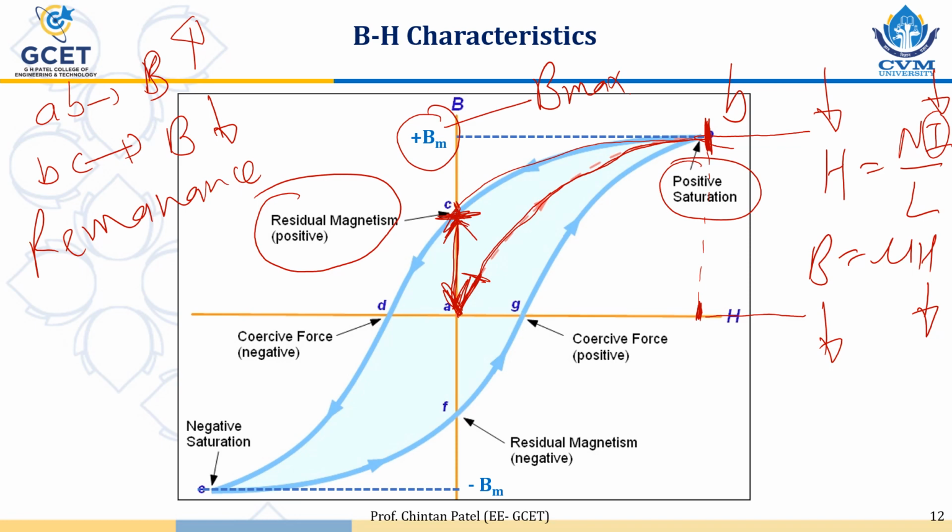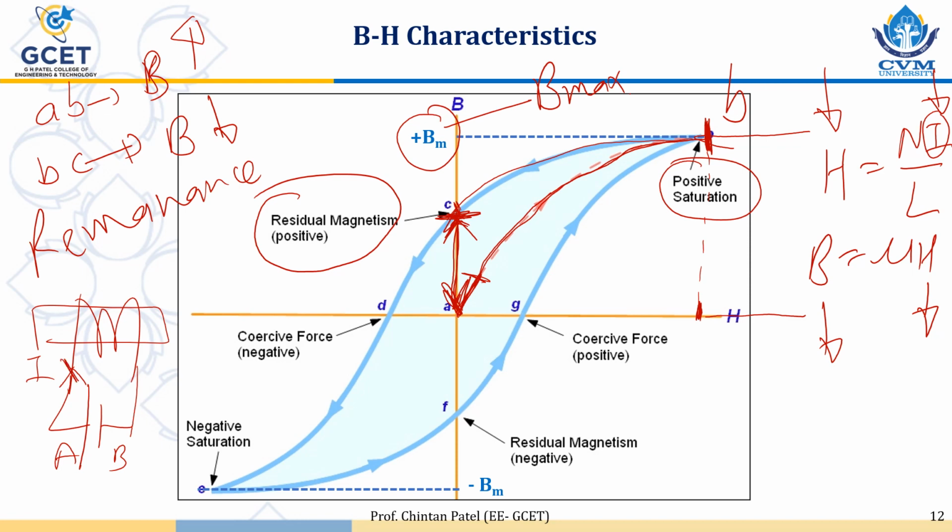To make the magnetic flux 0, we have to supply the current in opposite direction. So in earlier case, this was the circuit winding and current source is connected like this. Let's say this is A and this is B. A is positive, B is negative. So to make this magnetic flux density completely 0, we have to reverse the flow of current. So earlier current was flowing in this direction.